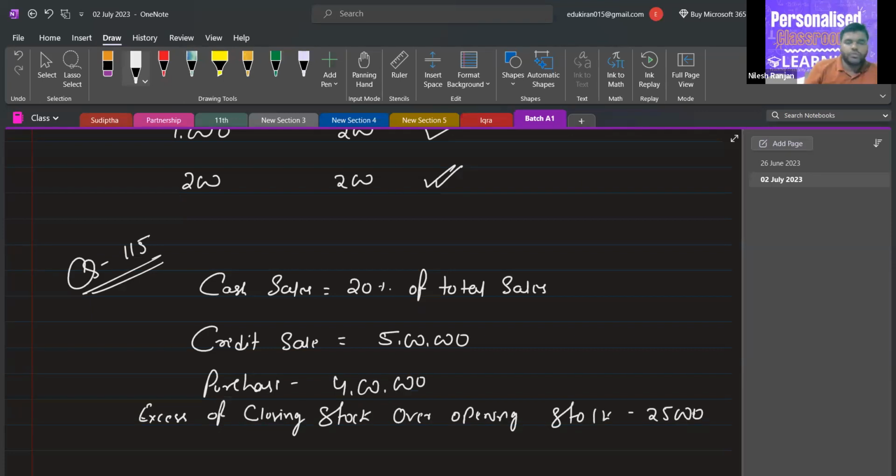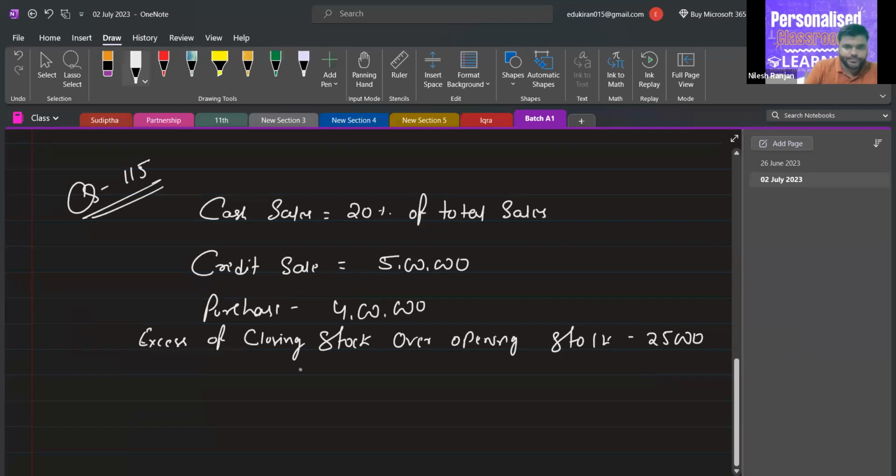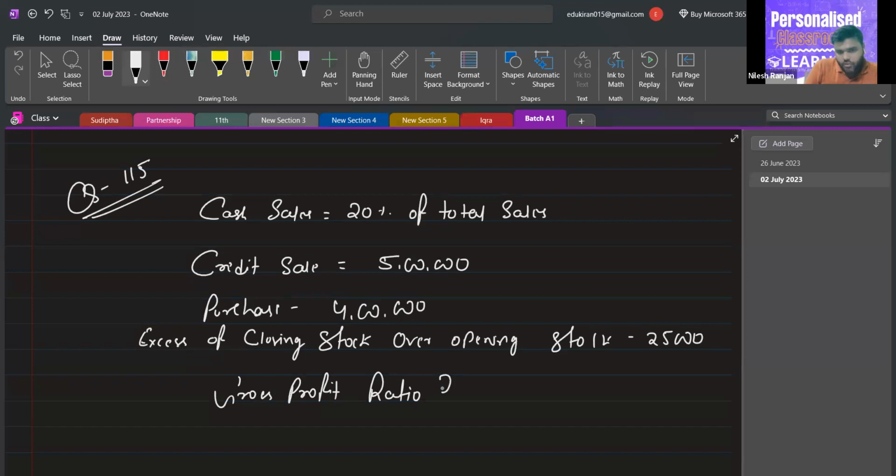Now we have to calculate the gross profit ratio from this information. Read the question and decide what we will calculate first.